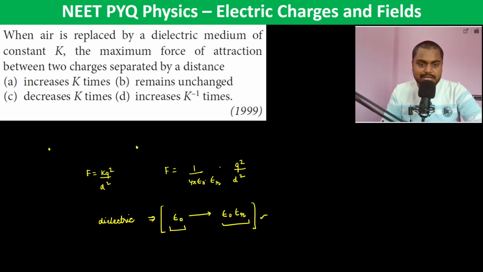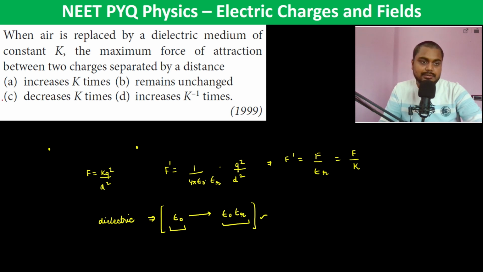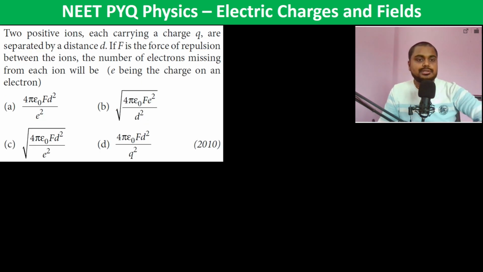So this was F, now make it F dash. We can see F dash is equal to F divided by epsilon r, which is K, F by K. Therefore it decreases by K times. So that's option C.